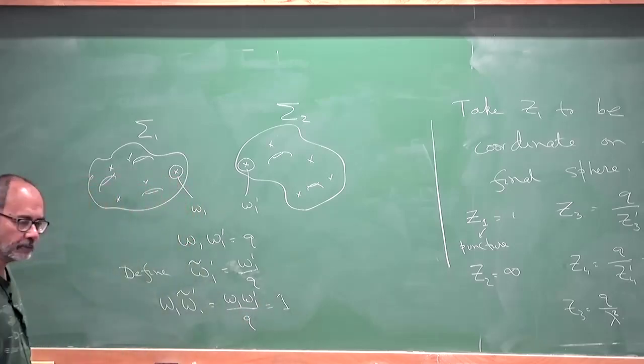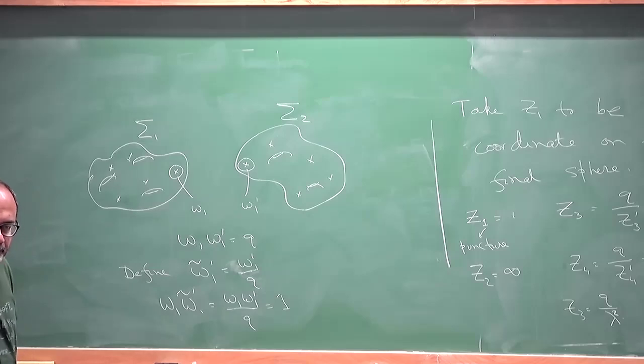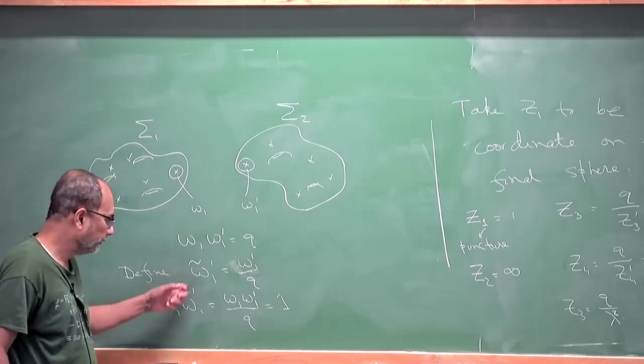So W1 tilde prime equal to 1 in terms of this new coordinate system.